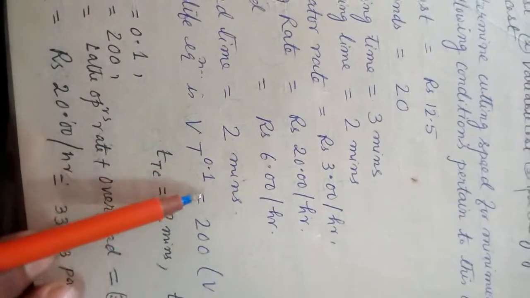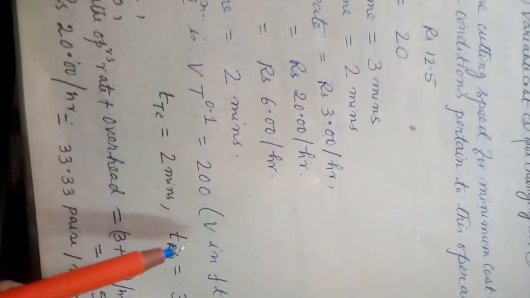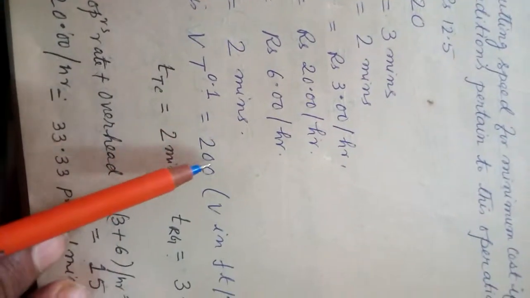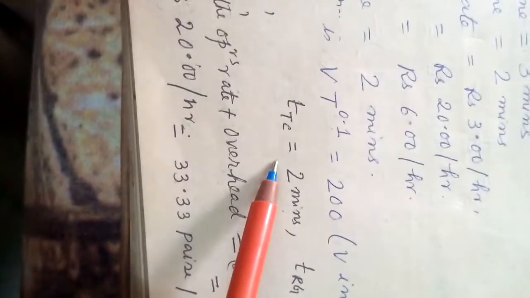Taylor tool life equation is V T to the power 0.1, n is given, and C is also given, 200. V here is given in feet per minute, and you can convert into meter per minute, no problem. So solution, these are the data given. This C is equal to 200, for V in feet per minute.